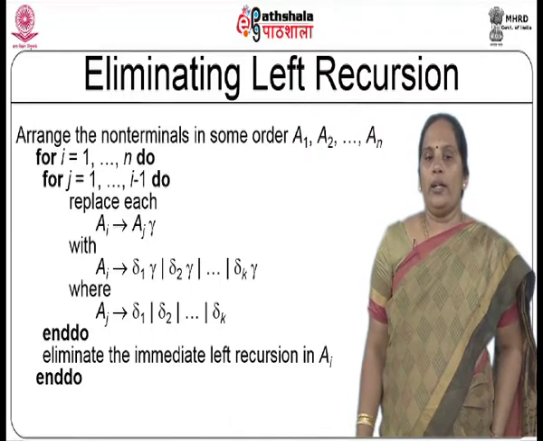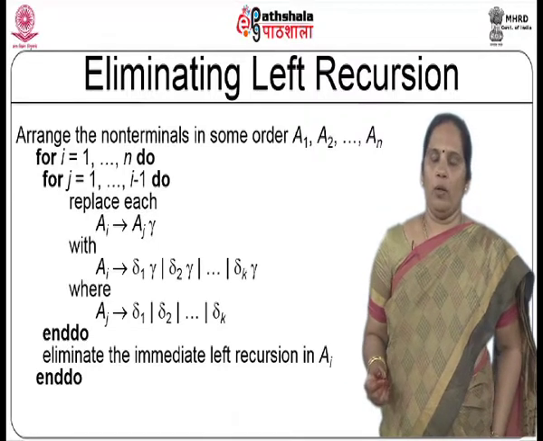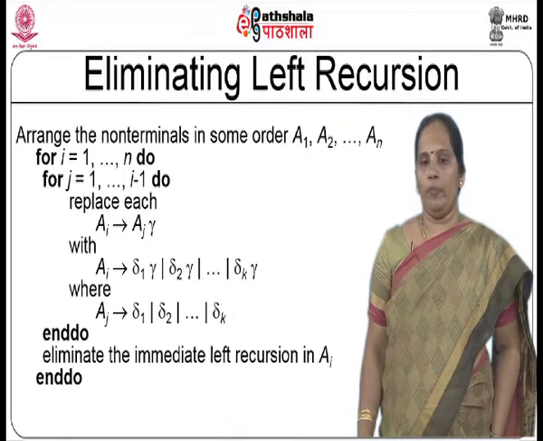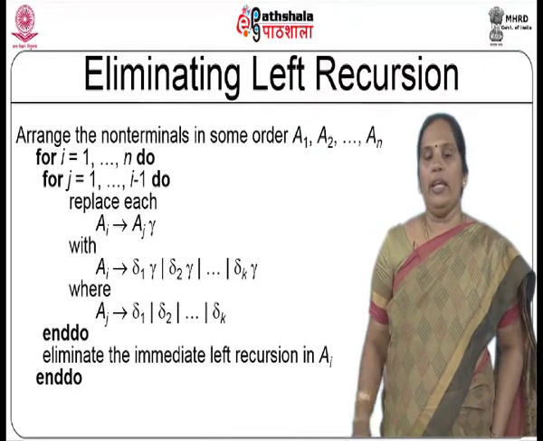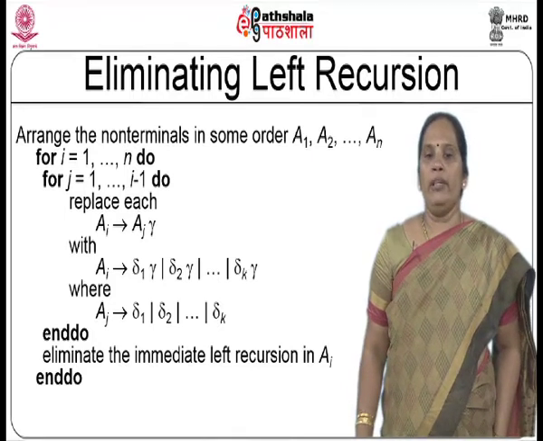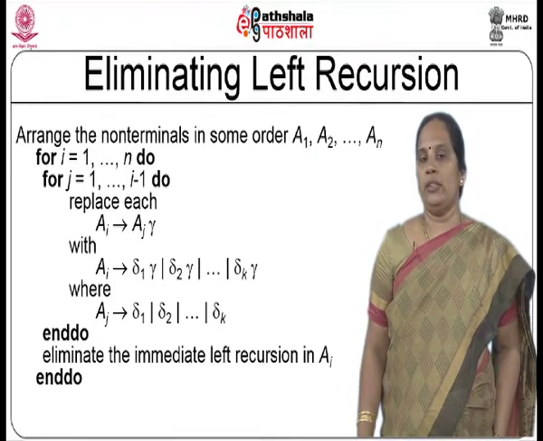That is, you are replacing Aj with its productions, rather than having it directly as Ai to Aj gamma. Okay. So, rather than only one production and Aj having k productions, you are converting Ai itself to have k productions. Then eliminate the immediate left recursion in Ai. So, this is how you do it.